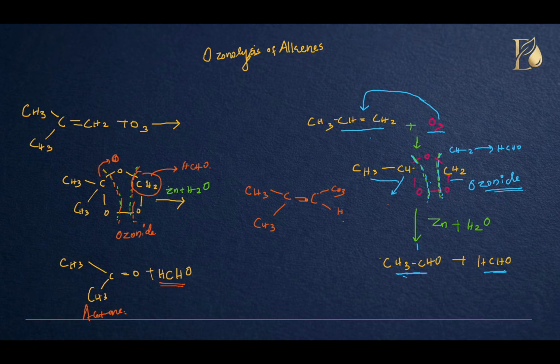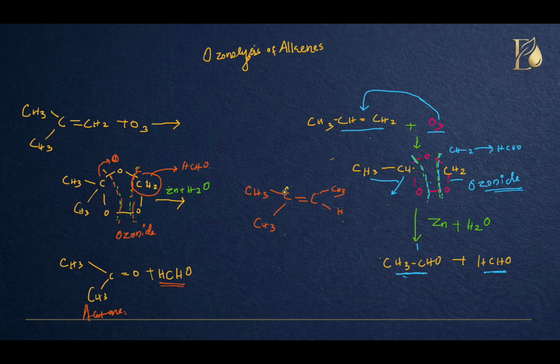Looking at this compound, without going through the mechanism, we have to predict the product. What is ozonolysis? Ozonolysis is the addition of an O3 molecule. So just add the O3 molecule, and it will make the ring. After that, when zinc dust and water are added, it will break the ring.